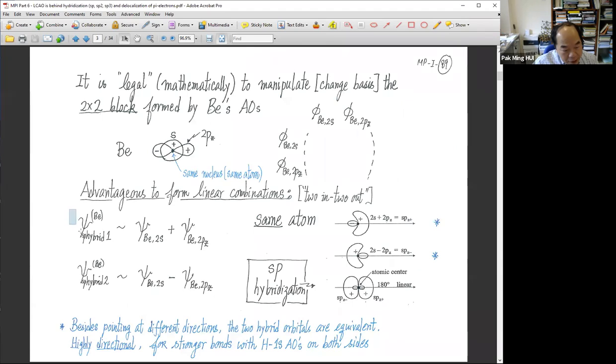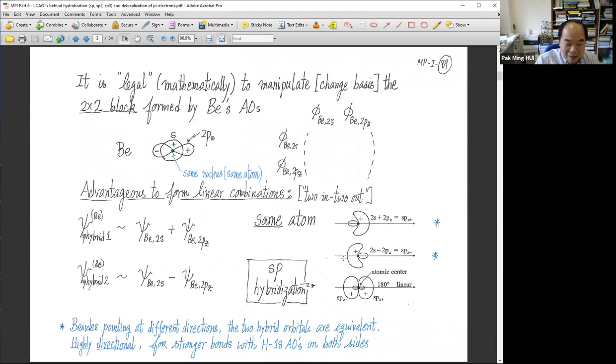We form this sp hybridized number 1, changing bases, this one, and we know that it is pointing to the right. So we know this will have more to do with the hydrogen on the right. Similarly, this will have to do with the hydrogen on the left. Okay, they will form good sigma bonds, right?